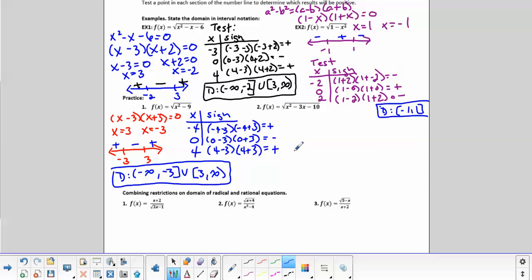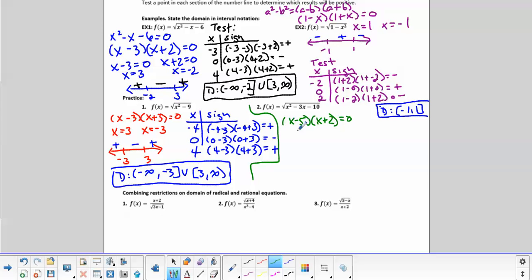Alright. In problem 2, we need to factor, we need to find two numbers that multiply to negative 10 and add to negative 3. And those numbers are negative 5 and 2. So let's draw a line here. And I have x minus 5 times x plus 2, and that equals 0.